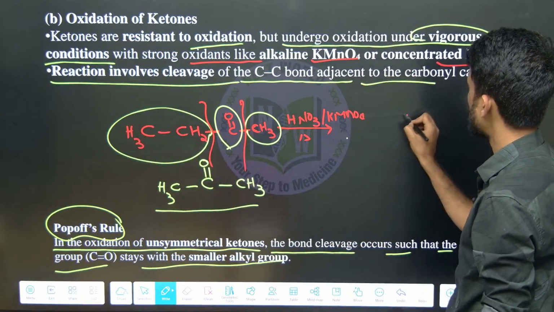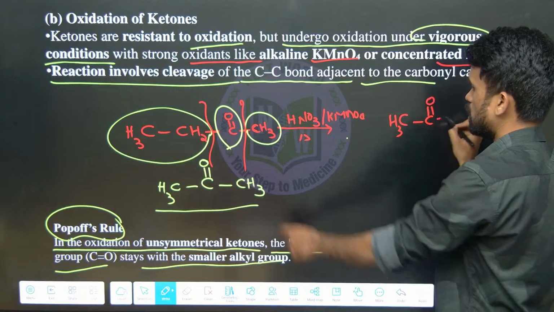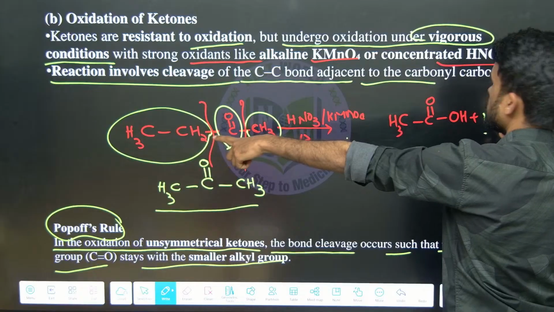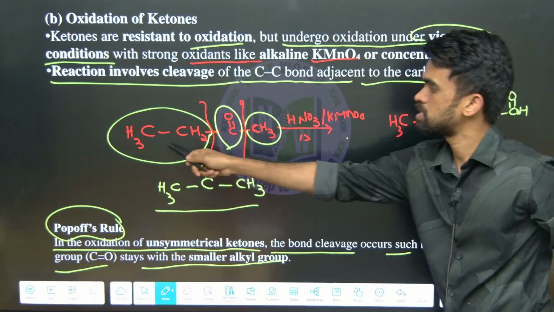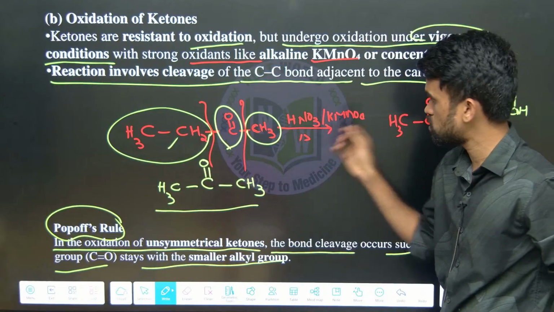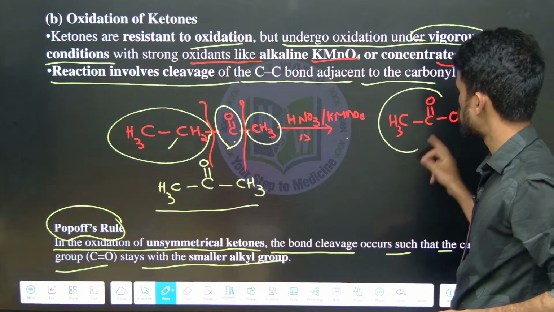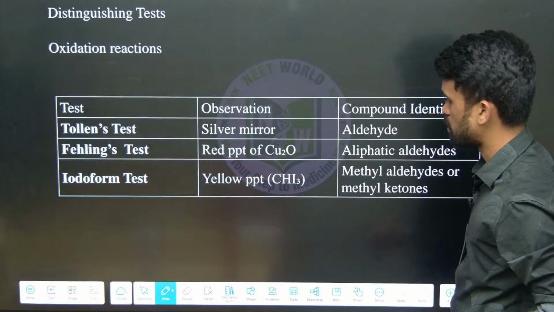So you will get CH3COOH plus CH3COOH. This group and this group get oxidized to give the respective compounds. Our carbonyl group stays with the smaller alkyl chain. This is how you can write the final product.